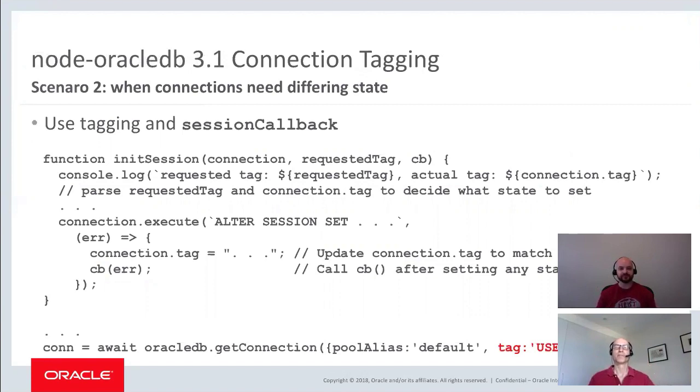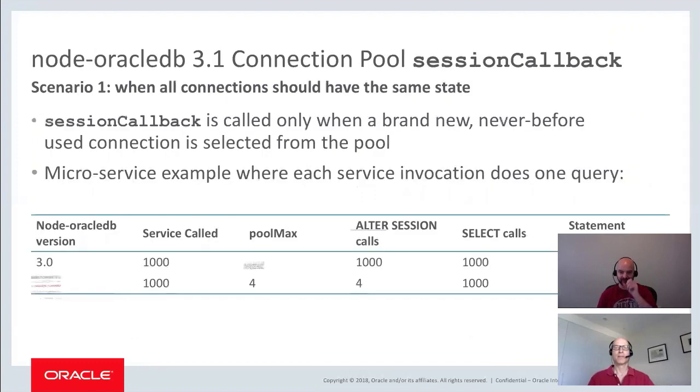Okay, got it. And do you happen to know offhand why DRCP gets the advantage of the round trip elimination with the PL/SQL callback? Yeah, the invocation of the callback is handled by the connection pool in the database, by DRCP itself.